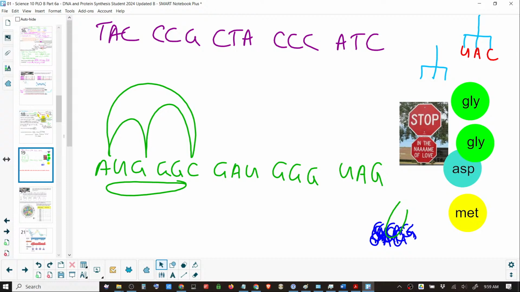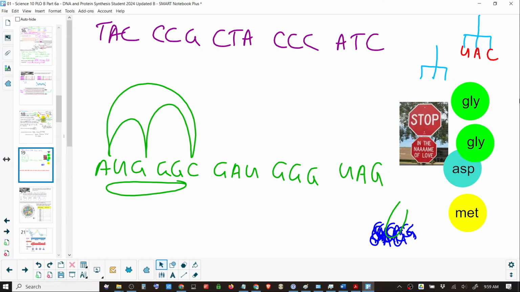We're going to write it again. Now, this is the codon. What is the anticodon to that codon? TAC. And the anticodon, using your table, what amino acid should it carry?